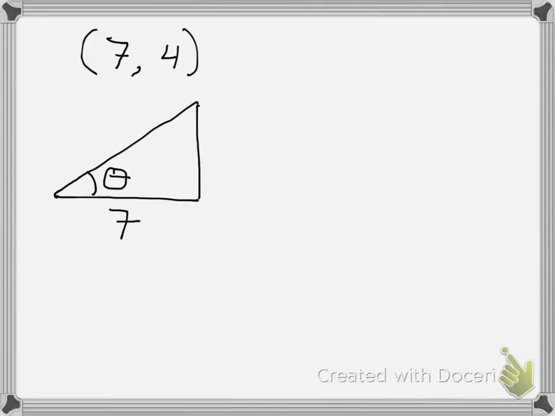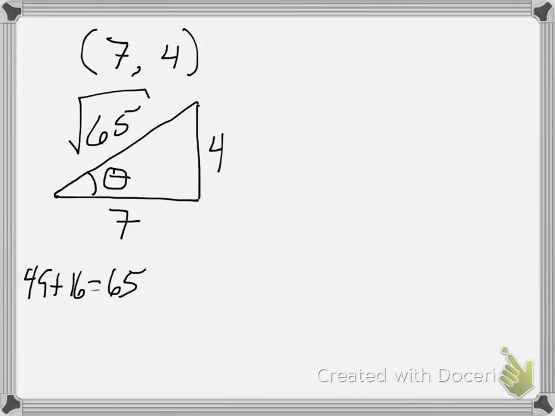I want 7 in the x direction, 4 in the y. The square root of 65 is going to be the hypotenuse: 7 squared plus 4 squared, 49 plus 16, 65, and the square root of that.